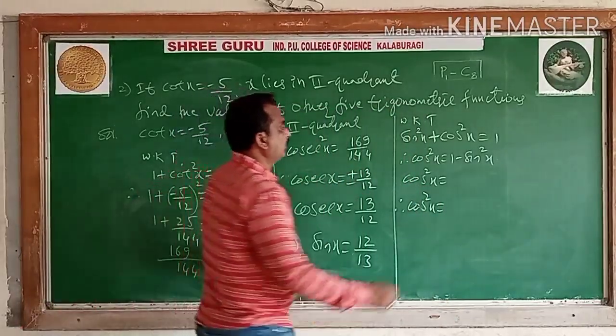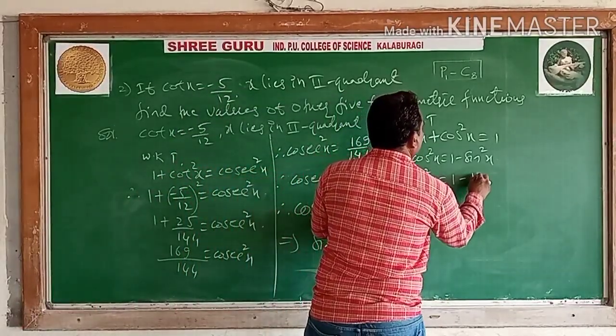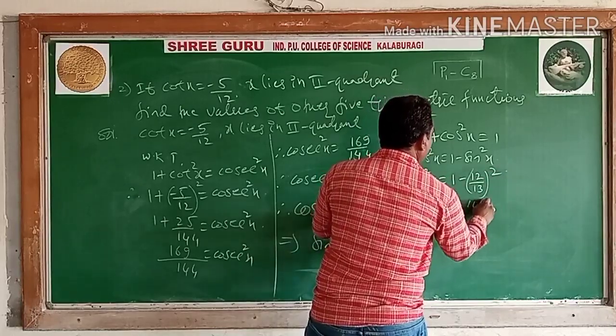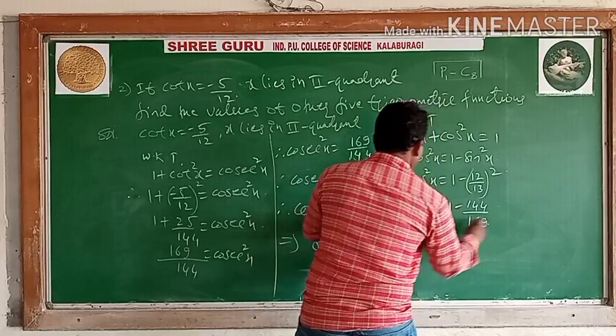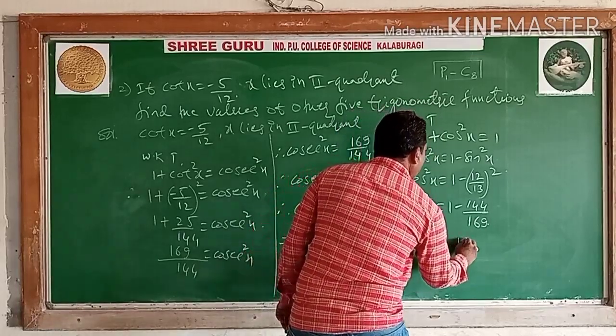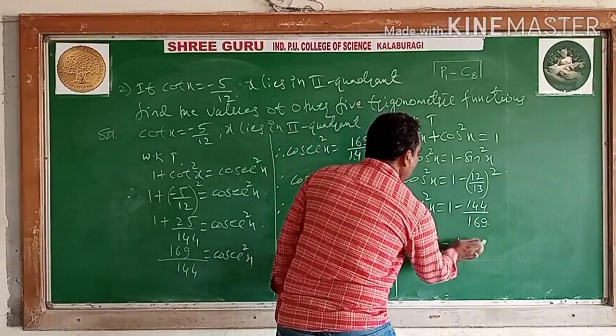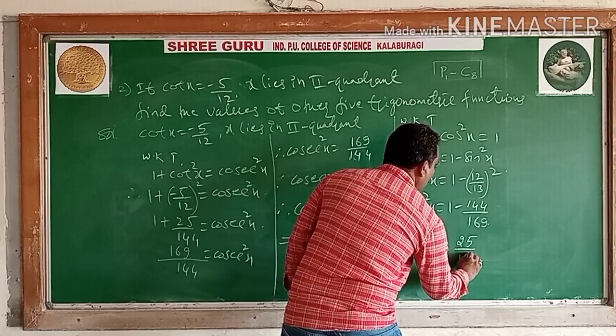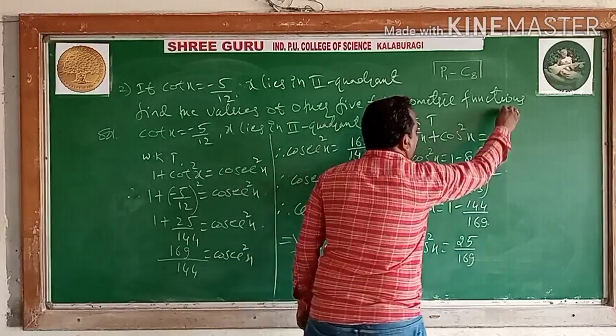Therefore cos square x equal to 1 minus (12 by 13) whole square, which is 1 minus 144 by 169. Therefore cos square x equal to (169 minus 144) by 169, which is 25 by 169, students.